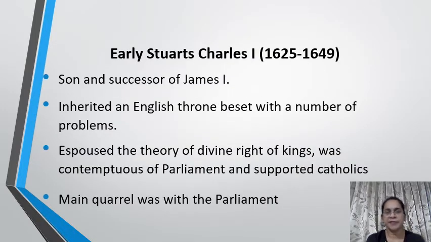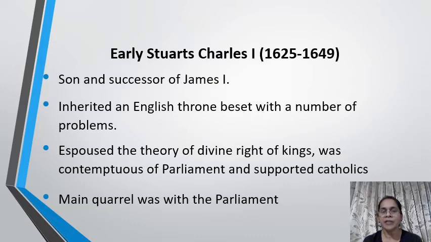Now, James I was succeeded by his son, Charles I. Charles I basically inherited a throne beset with a number of problems, and I say beset with a number of problems because his father had basically left him a throne that had all of these issues with Parliament, and his father was unable to solve them. So it was now left up to Charles I to deal with all of these problems.